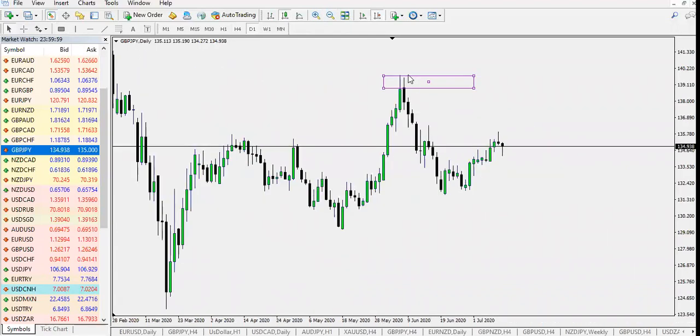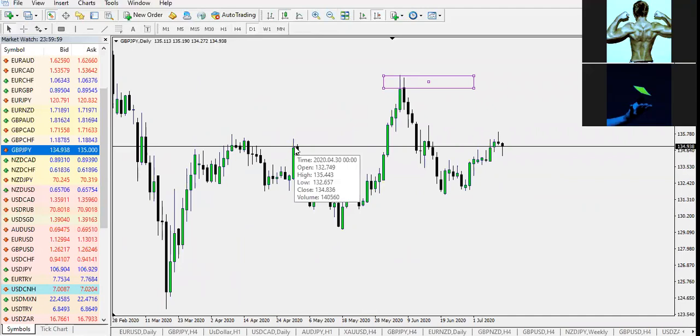Now, as we go down to a lower time frame, the wicks are not where the majority of price action occurs, because as I said with the IPLs, the brokers' prices of whatever we're trading are all different. So your wicks will be different to my wicks because your broker's price and your spread and everything is different.